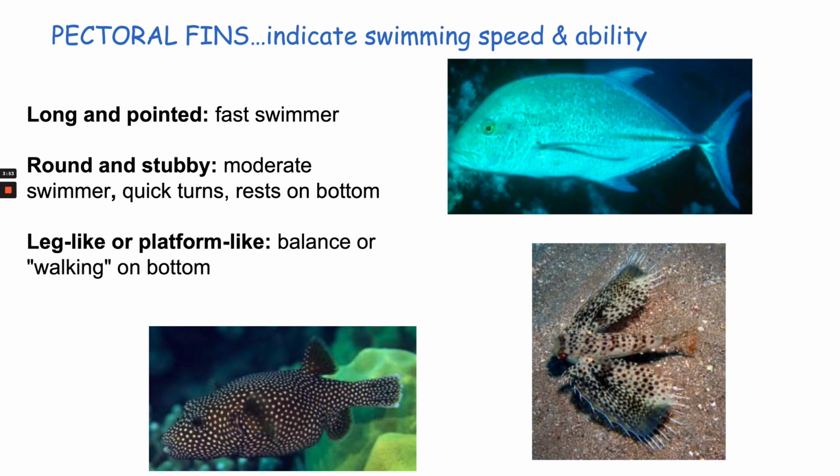And then the leg-like or platform-like fins, which they use for balance or for walking on the bottom. And this example is a flying gurnard. A very interesting looking fish. They're called flying because their pectoral fins are huge and they're like wings, but they mostly just kind of walk along the bottom.